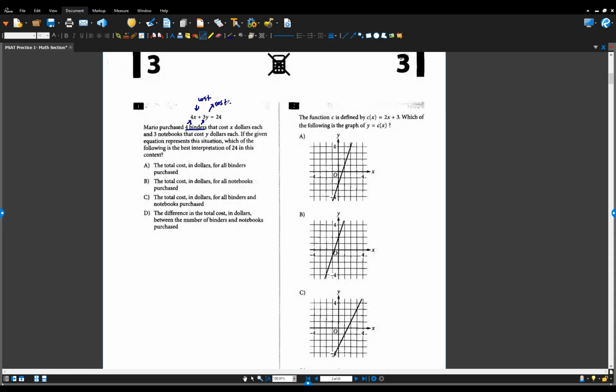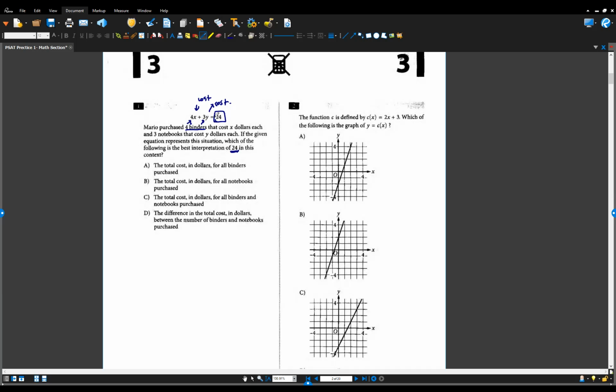So if the given equation represents the situation, which of the following is the best interpretation of 24? What does this mean? Try this one, and if you find the answer, you can give it to me. Is it the total cost?